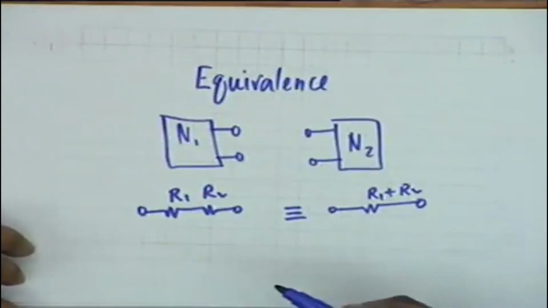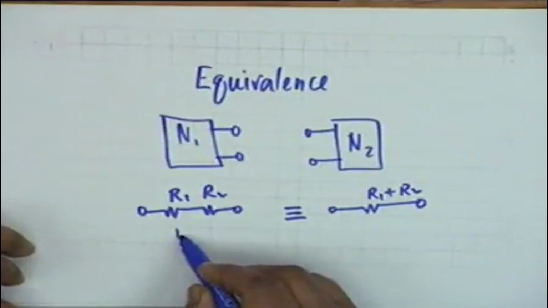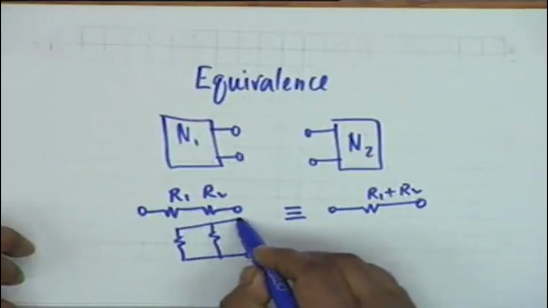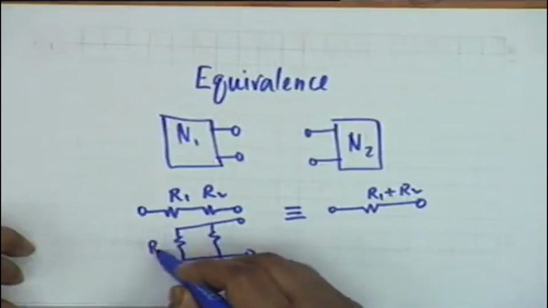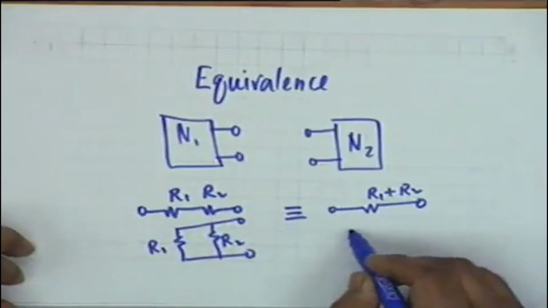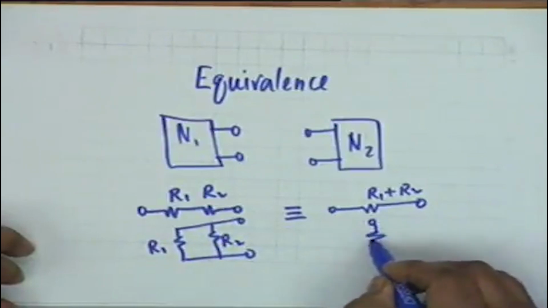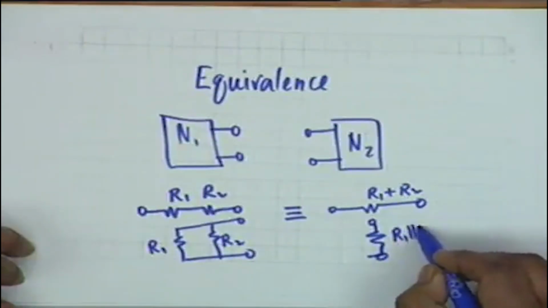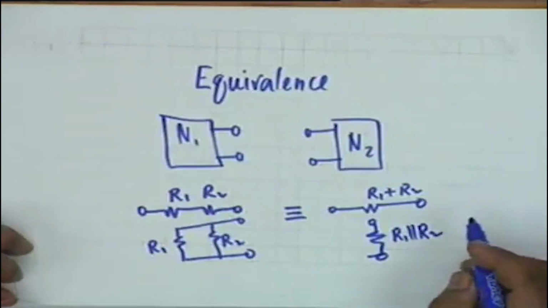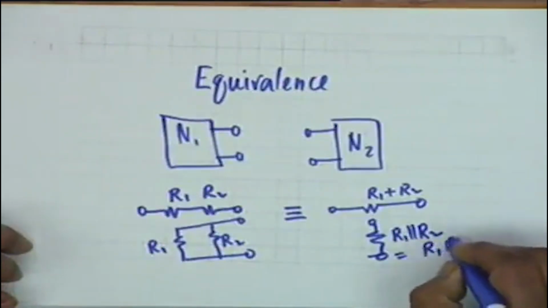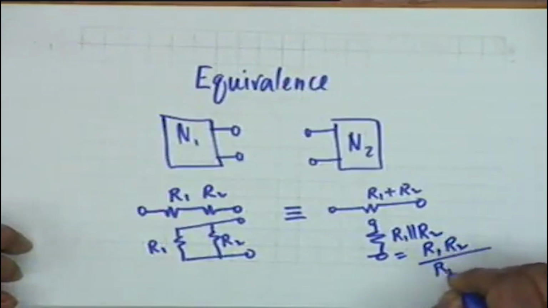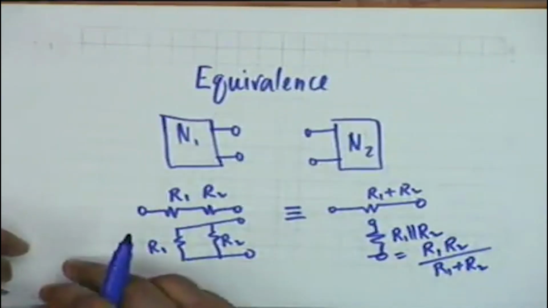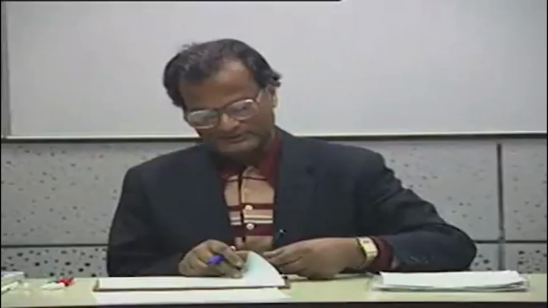On the other hand, if I have a one port in which two resistances are in parallel, then a single resistance is equivalent to this, whose value is R1 parallel R2, given by R1 R2 divided by R1 plus R2. These are examples of very simple equivalences.